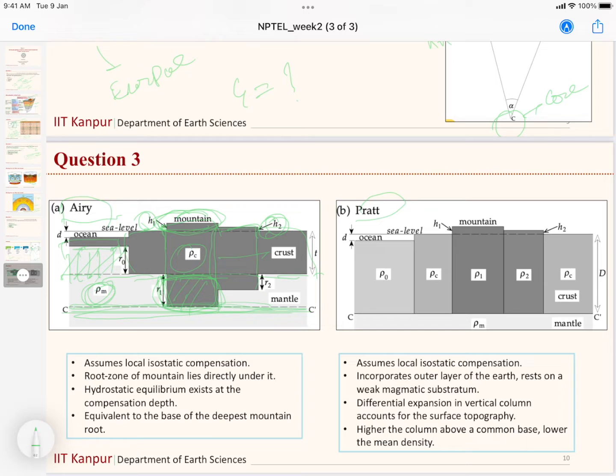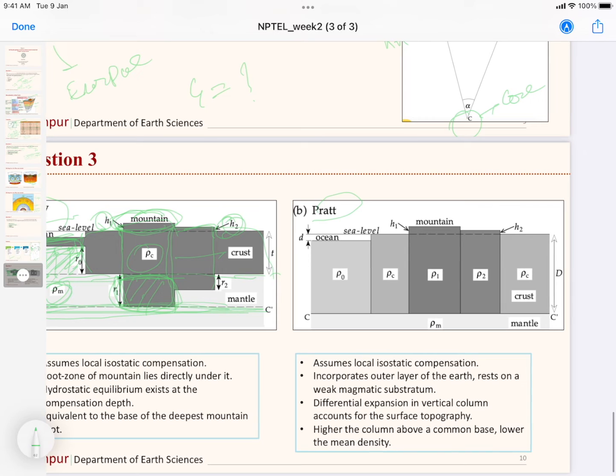And here D is the sea water depth, and after the water we have the sea floor. From the sea floor this oceanic crust starts, and below that there is no other material in solid form, because till this depth the mass is compensated.